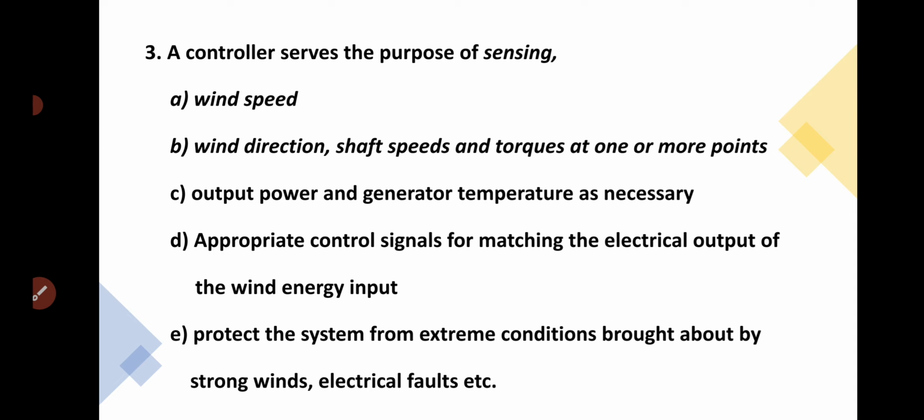Then for protecting the system from extreme conditions brought about by strong winds or electrical faults, etc. If the wind is very high speed, or if there is an electrical fault, the controller senses that problem and protects the system.